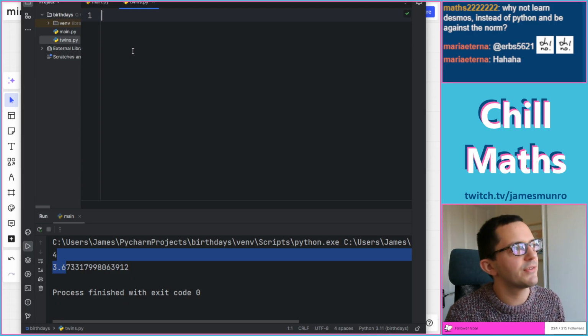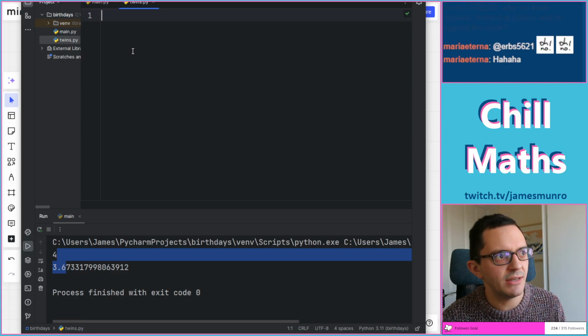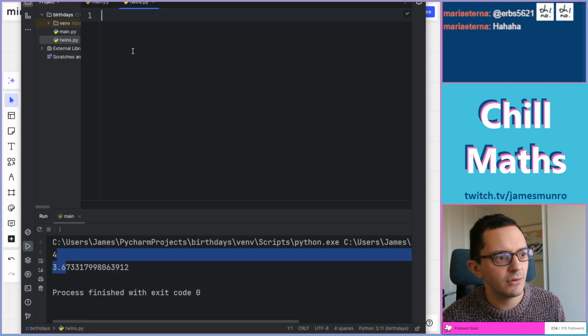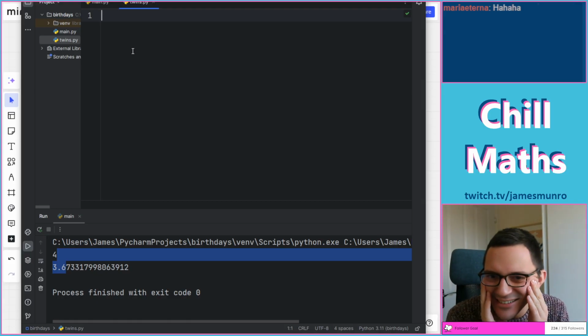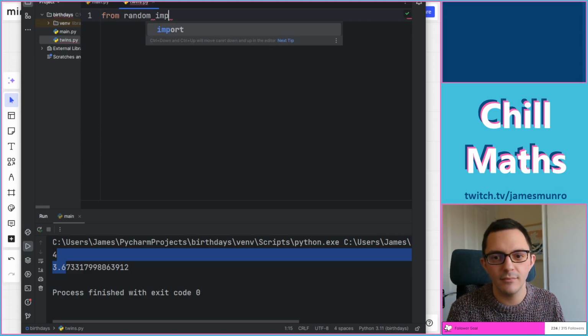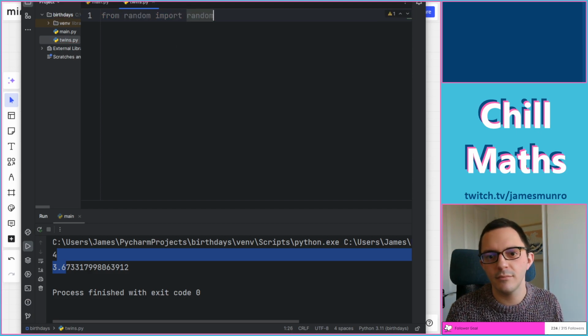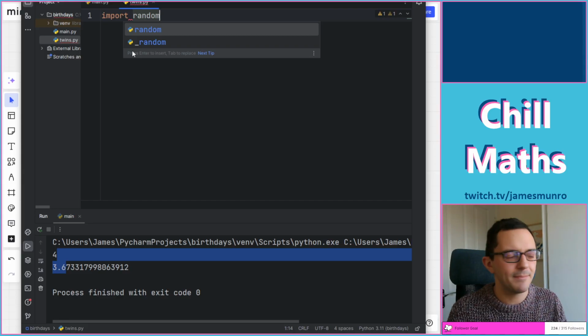So what do I want? I want some ability to select a random element from... Am I going to do this random simulation? Let's read what's in random. Right, let's just import random. How bad can it be?